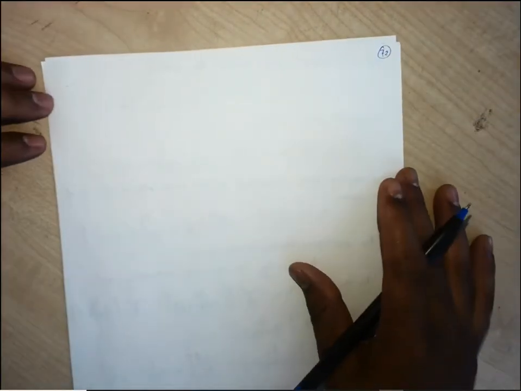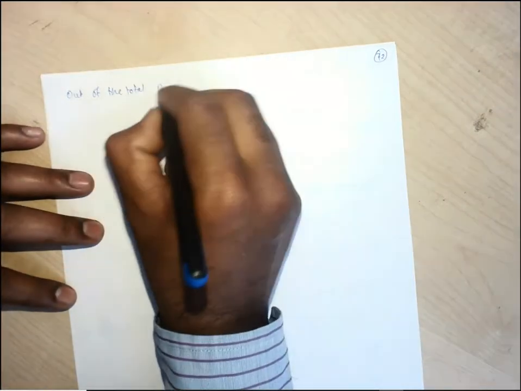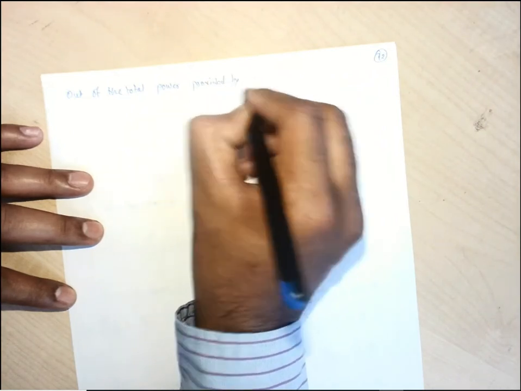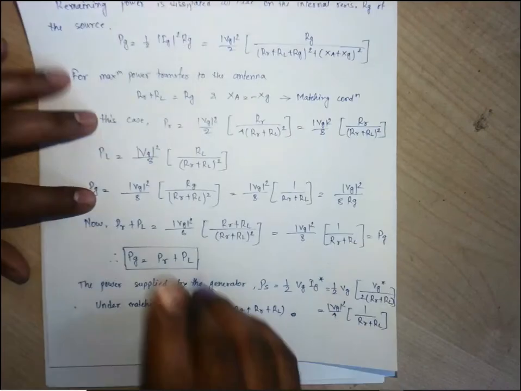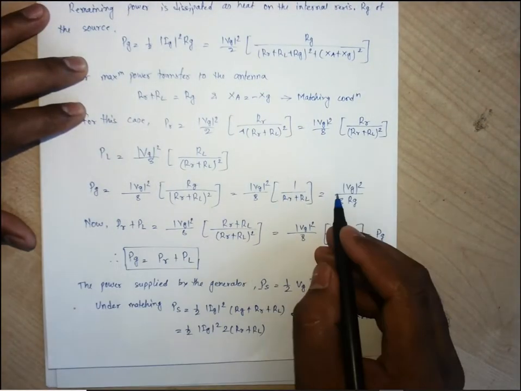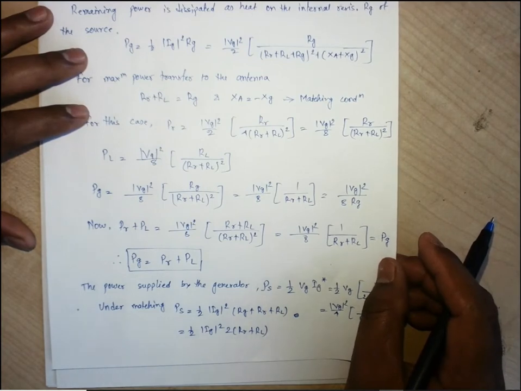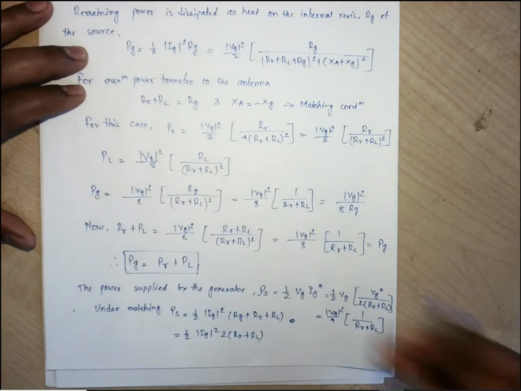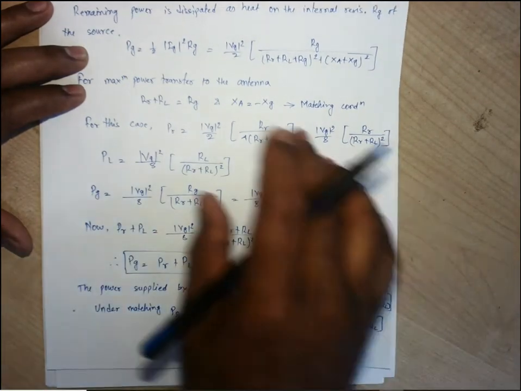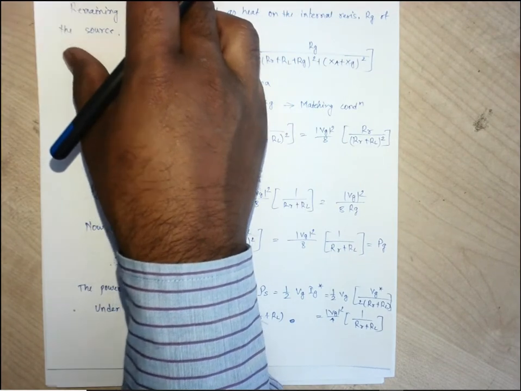Out of the total power provided by the generator, half is dissipated in the source resistance, this is PG, and the other half is dissipated in the antenna resistance, which is PR plus PL.